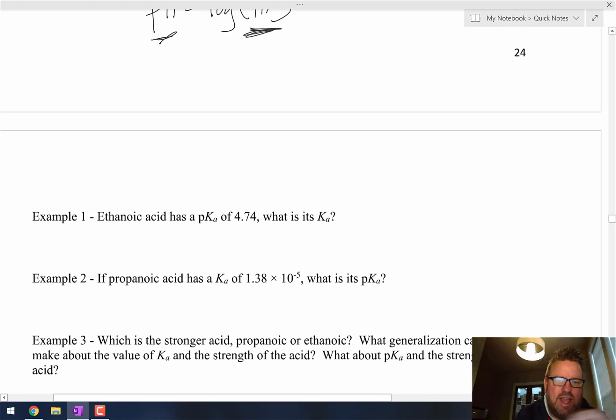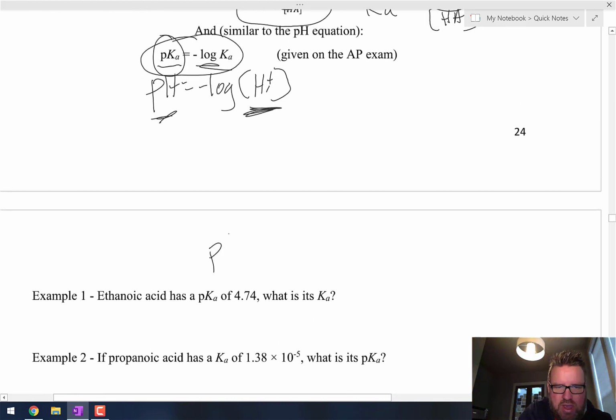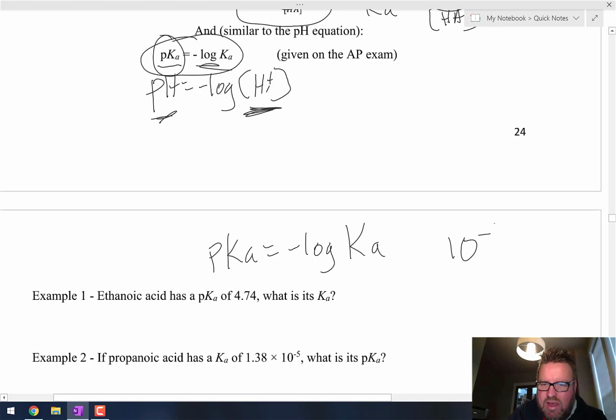So an example here: if ethanoic acid has a pKa of 4.74, what's its Ka? If we know that the pKa is equal to the negative log of the Ka value, remember, how do you go the opposite of pH? You take 10 to the negative pKa, which is going to equal the Ka value.